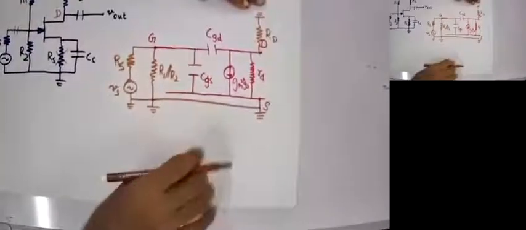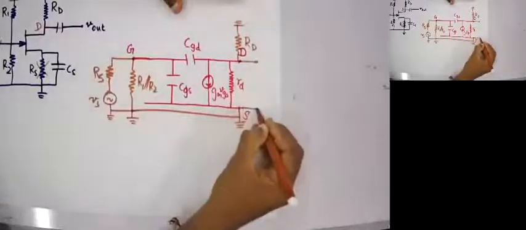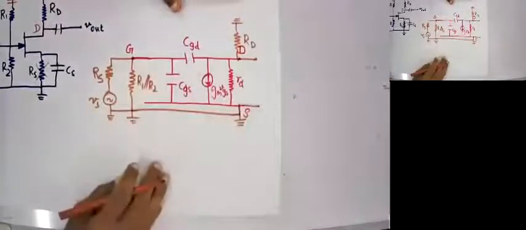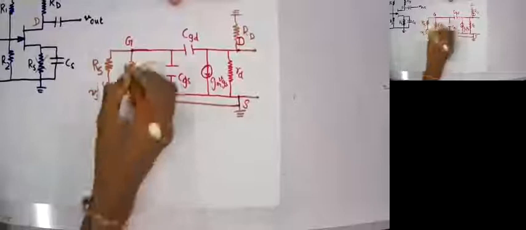This one is also grounded or connected here. So now this is much simpler. Simply what I have to do is fold rd upside down to bring it across source and drain. This will be joined together since it is short circuited, and this one can be removed from your circuit.